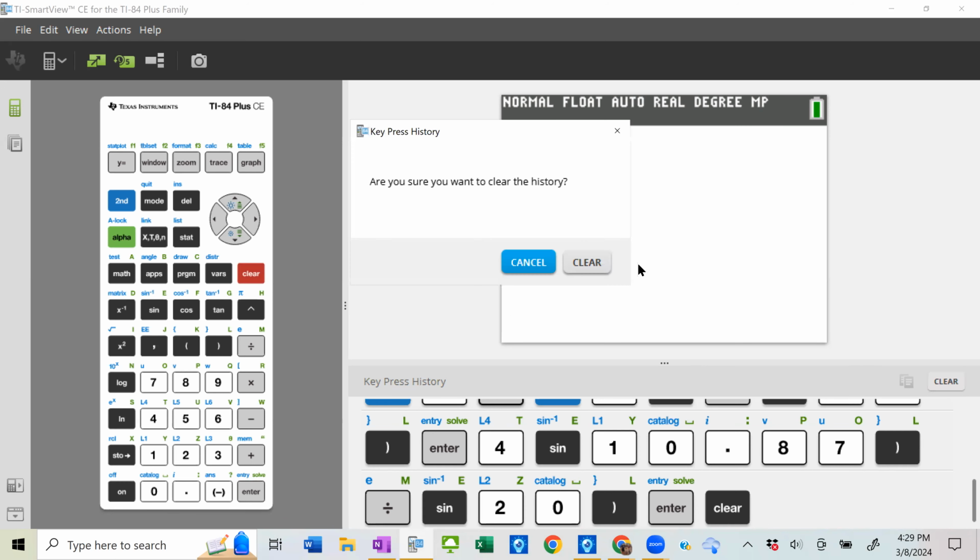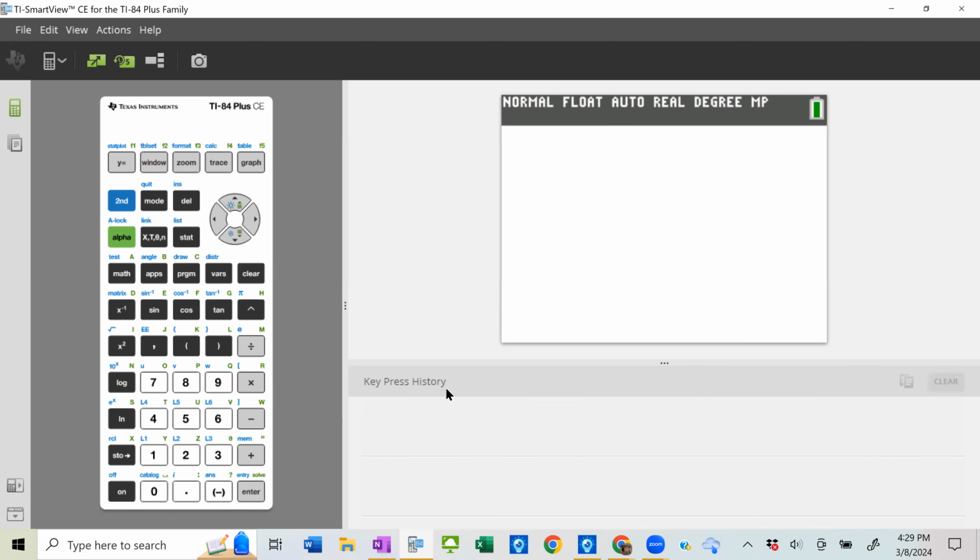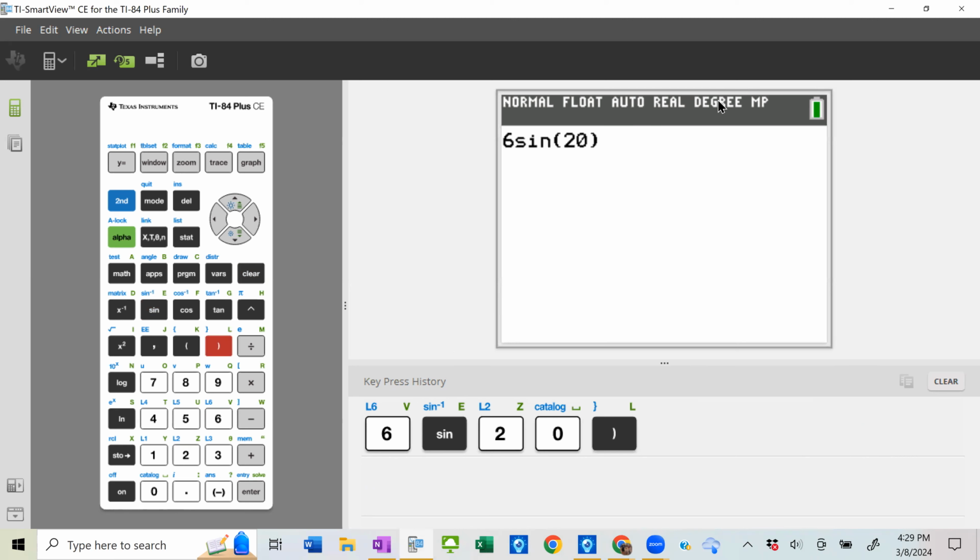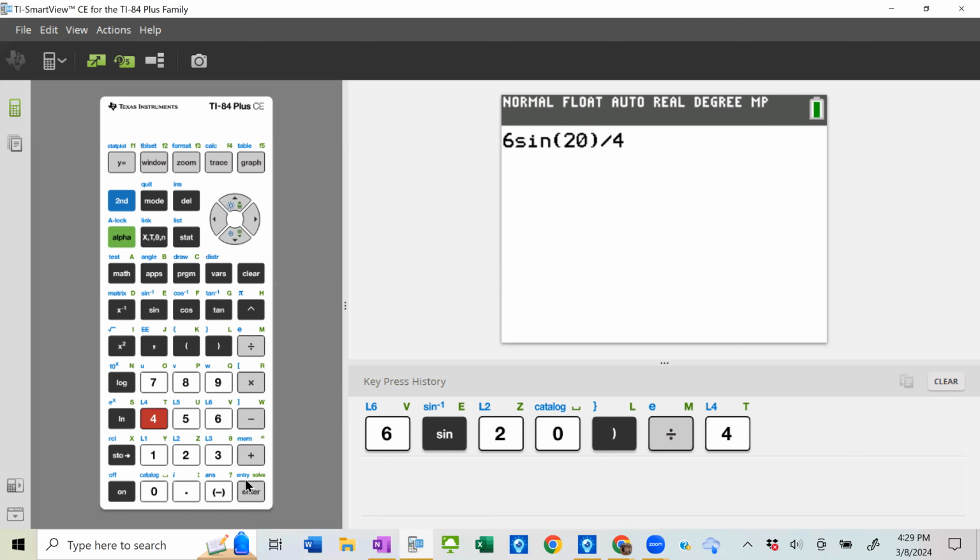And you can follow along with my keystrokes by using the key press history down below. Start with 6 sine of 20. Make sure your calculator is in degree mode. You can tell the mode of your calculator by looking at the screen up at the top. Divided by 4. So that's 0.5130.